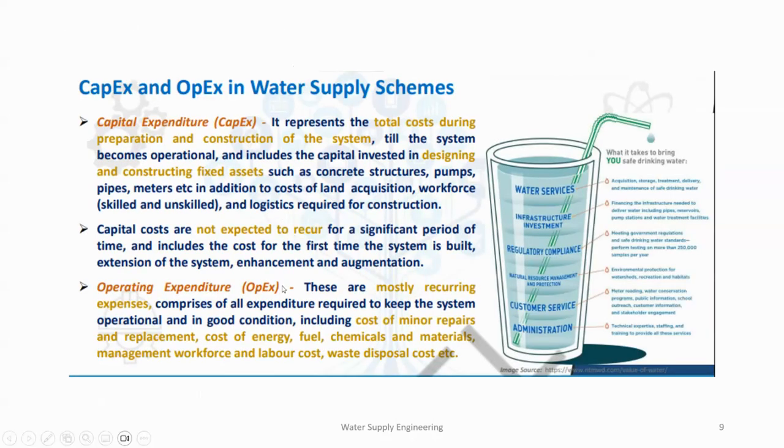So we'll see what these expenditures are about. First we have capital expenditure or capex, and then we have opex or operational expenditure. As in any other works or projects or business, capital expenditure is nothing but the expenditure that we need to set up the project, that is, to initiate the project.